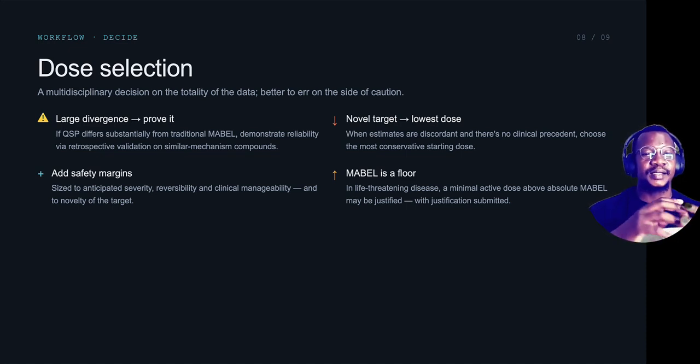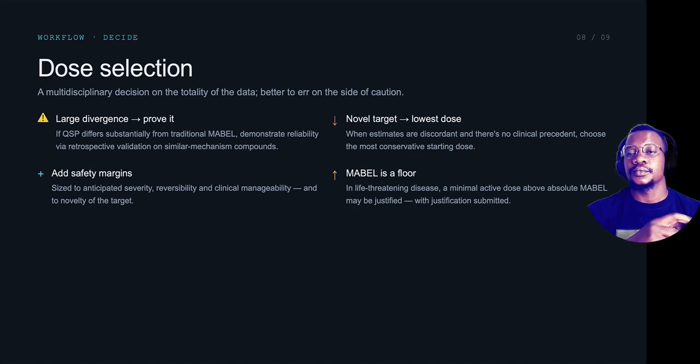Add safety margins too, because you anticipate severity, reversibility, and clinical manageability of the novel drug or the novel target.